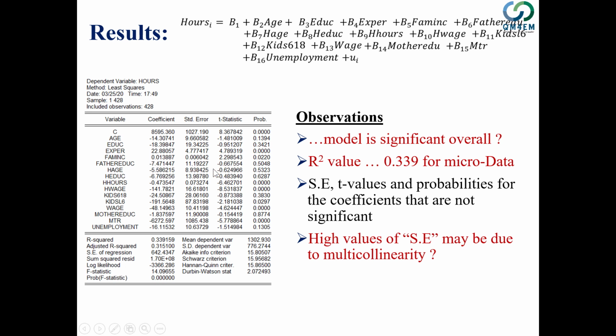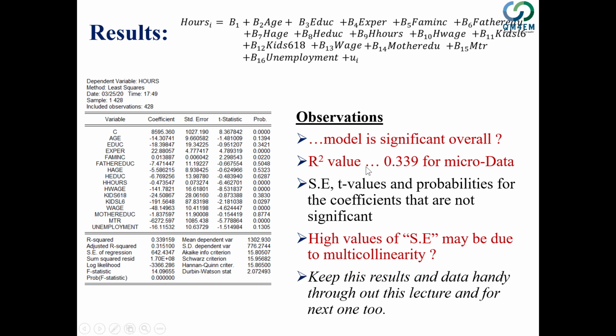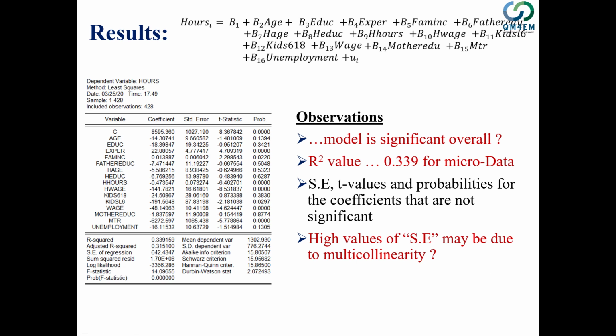So a higher standard error means a lower t statistic value, and ultimately an insignificant probability value, and thus failing to reject the coefficient being equal to 0 where it may not be. So that's the consequence, and this is a particular reason we can think of having issues with multicollinearity.